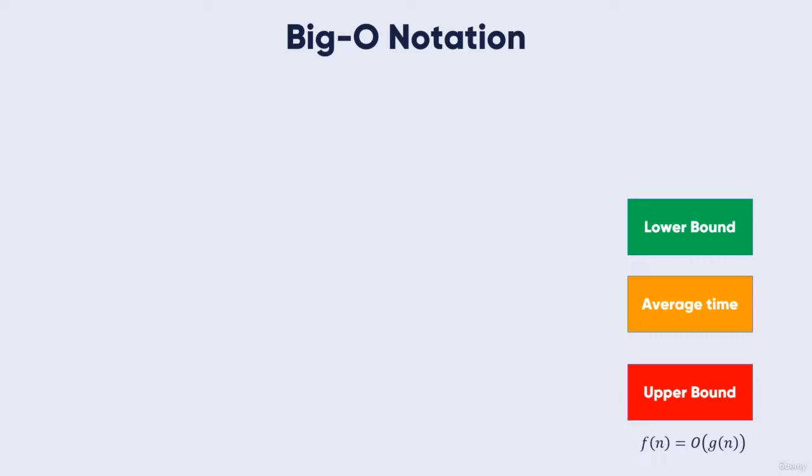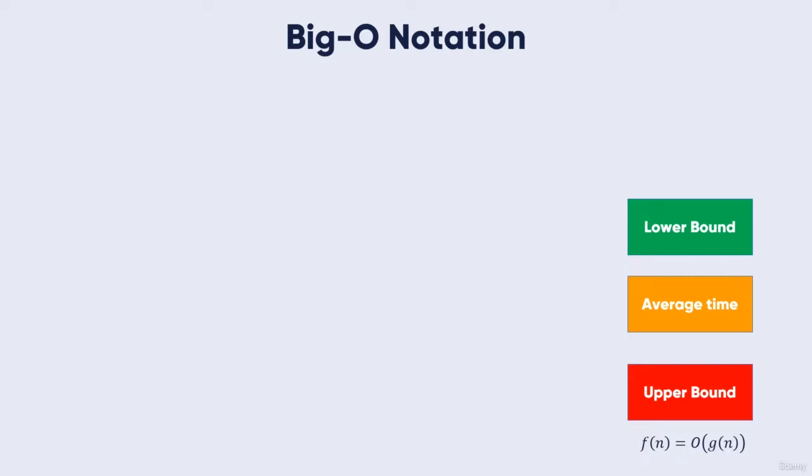So the upper bound is denoted by O. Associated with Big O notation are several related notations using symbols like O, omega, theta, and more, to describe other kinds of bounds on asymptotic growth rate.